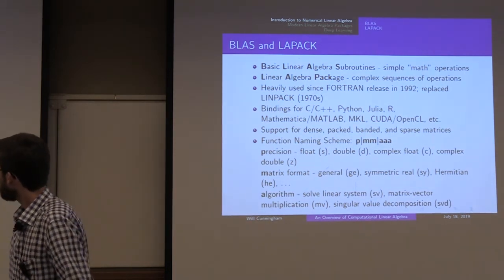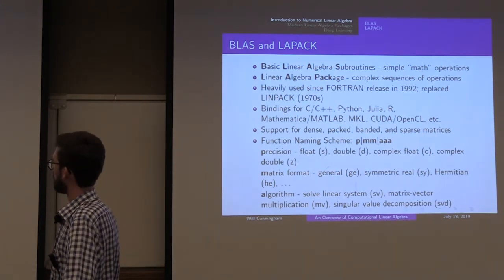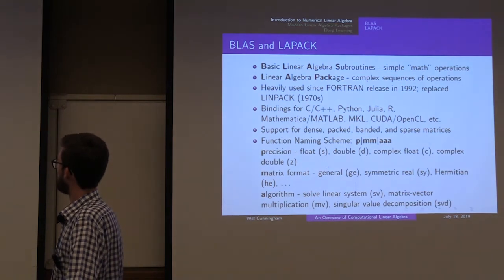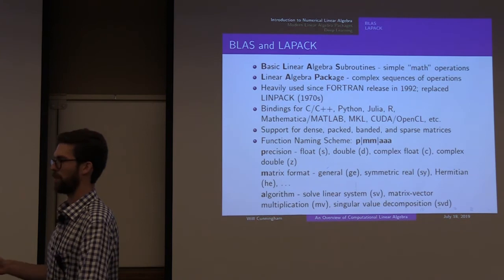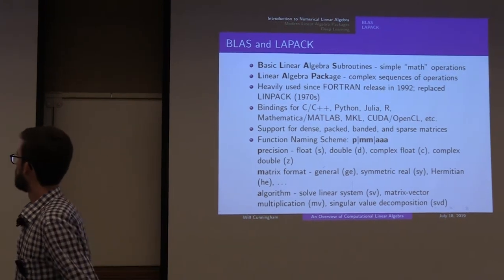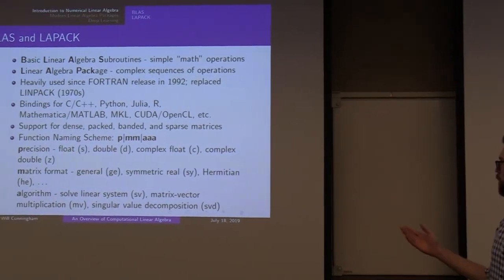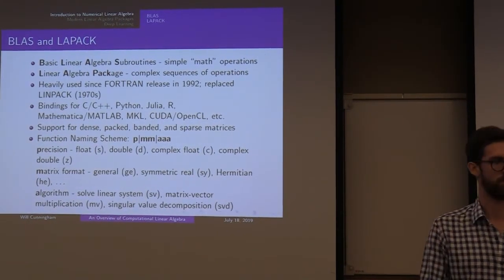What it's based on is you specify the precision, so you can do single or double precision in either real or complex numbers. You specify the matrix format, so there's general matrix format, which means it's not really going to take advantage of much symmetry or anything. You can look at symmetric real matrices, Hermitian matrices, banded matrices, all sorts of different things.